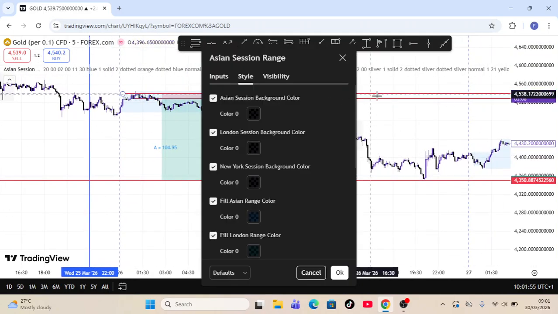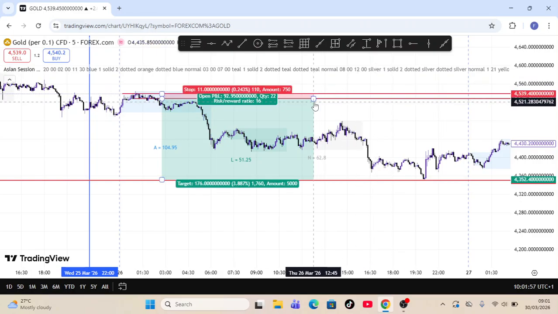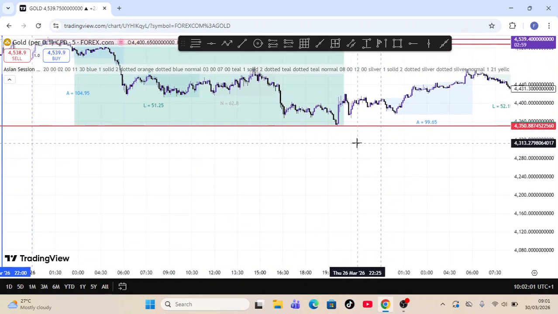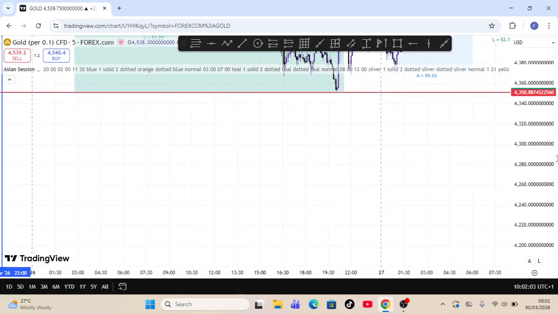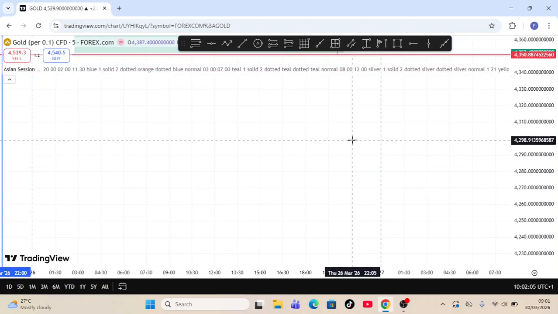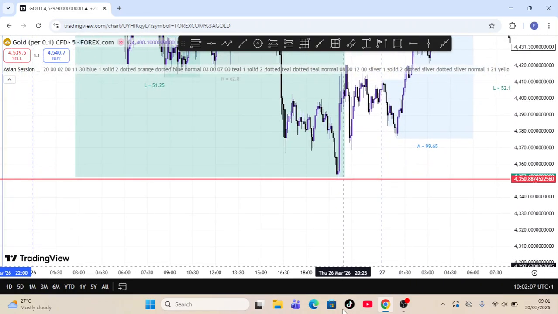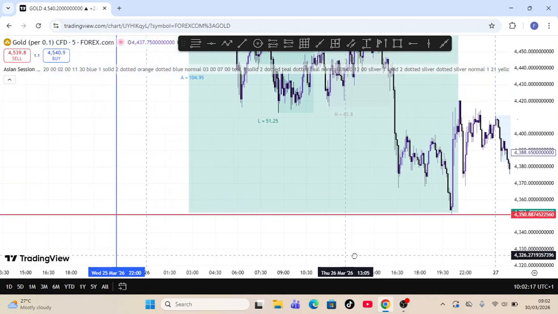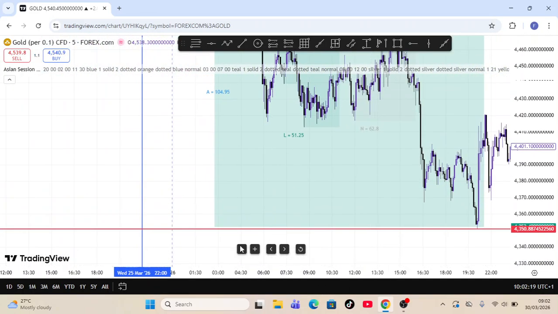And let's see. You can see it mitigated on Thursday. This was how I was able to catch this 1 is to 10 simple trade.